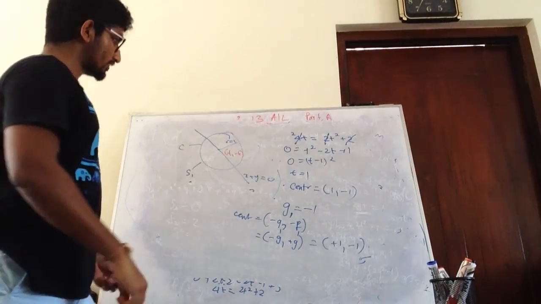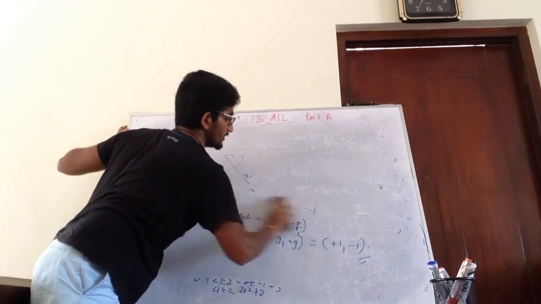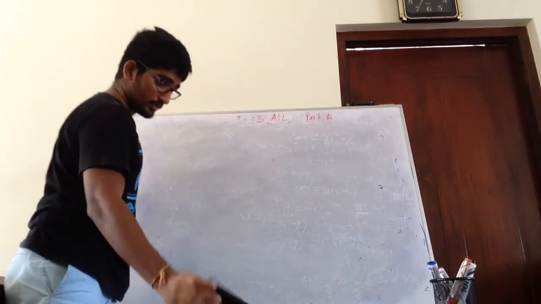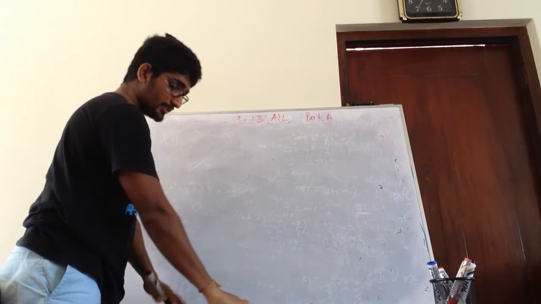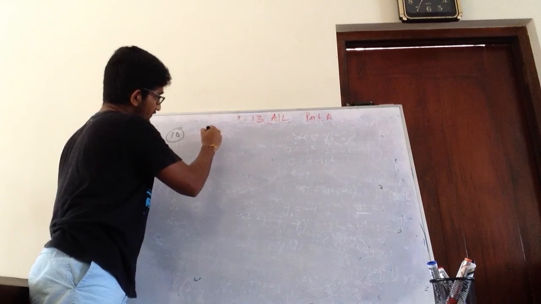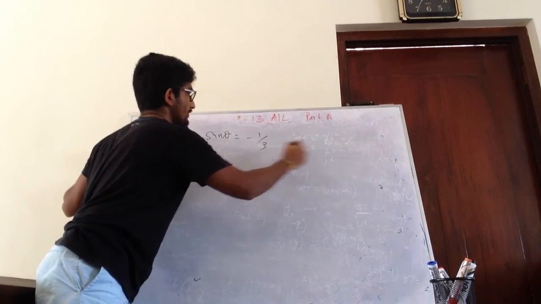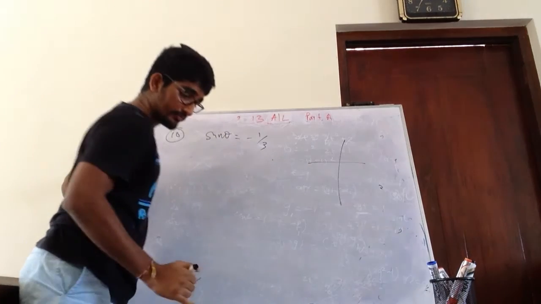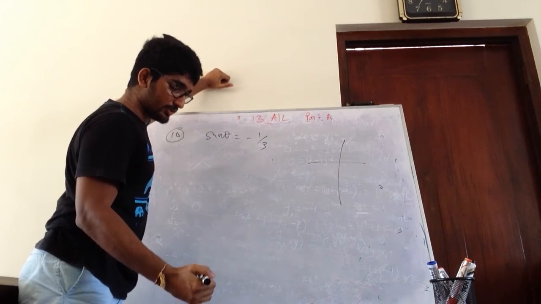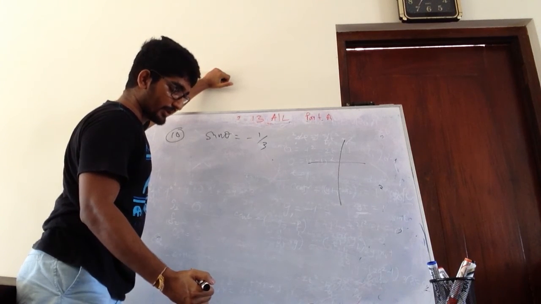So now let's go to question number 10. Last one. Question number 10 says that sine theta is minus 1 over 3, where theta is between pi and 3 pi over 2, right?